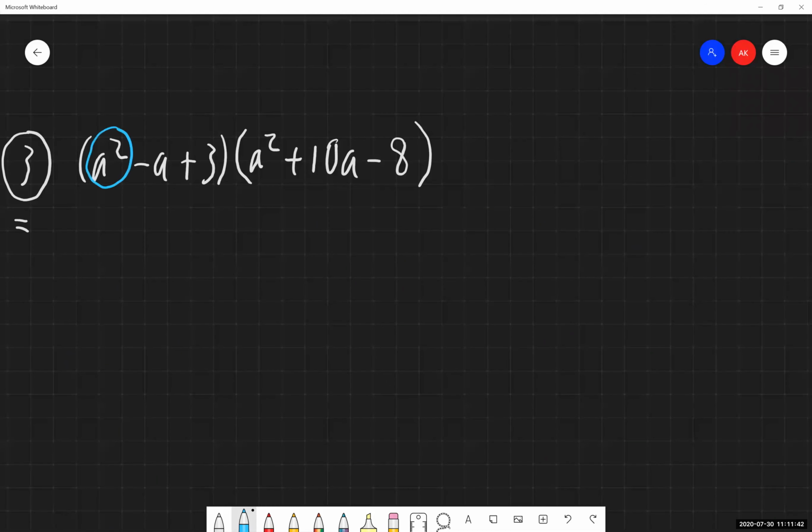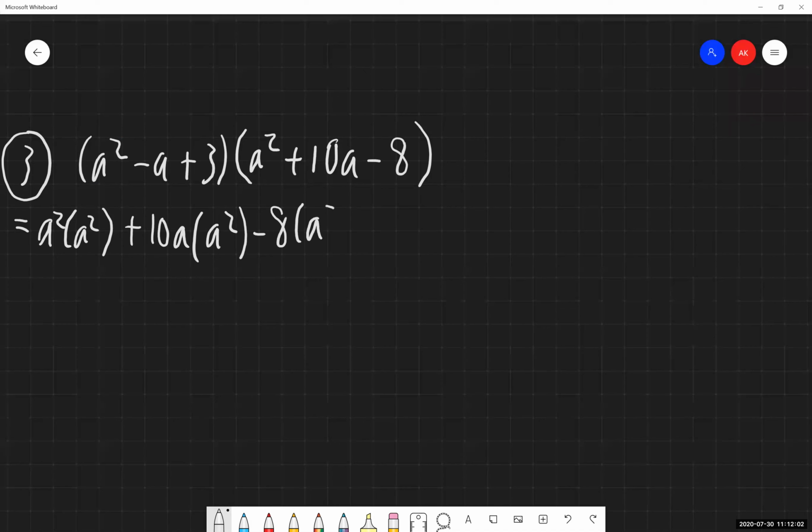So this a squared is going to distribute through to everything in the second polynomial. Again, writing that out, we have a squared times a squared plus 10a times a squared minus 8 times a squared.